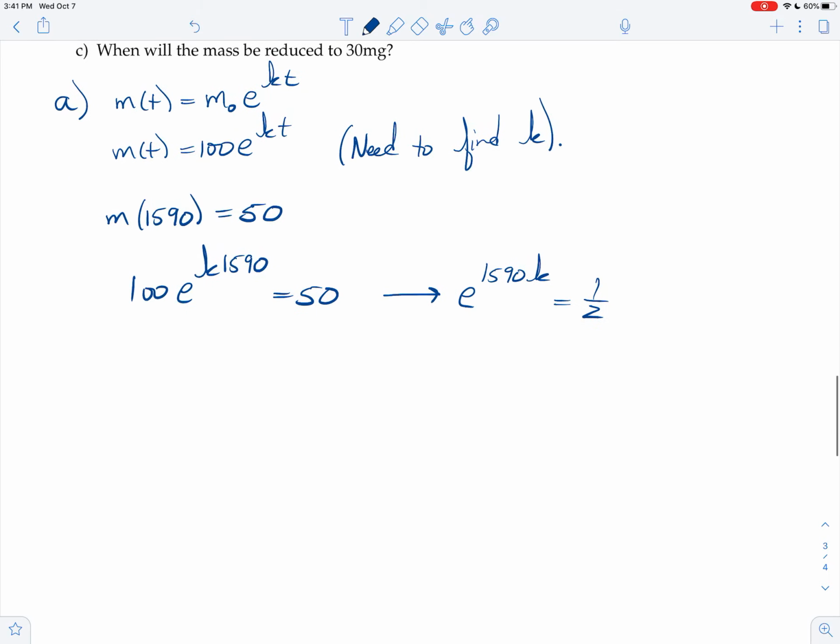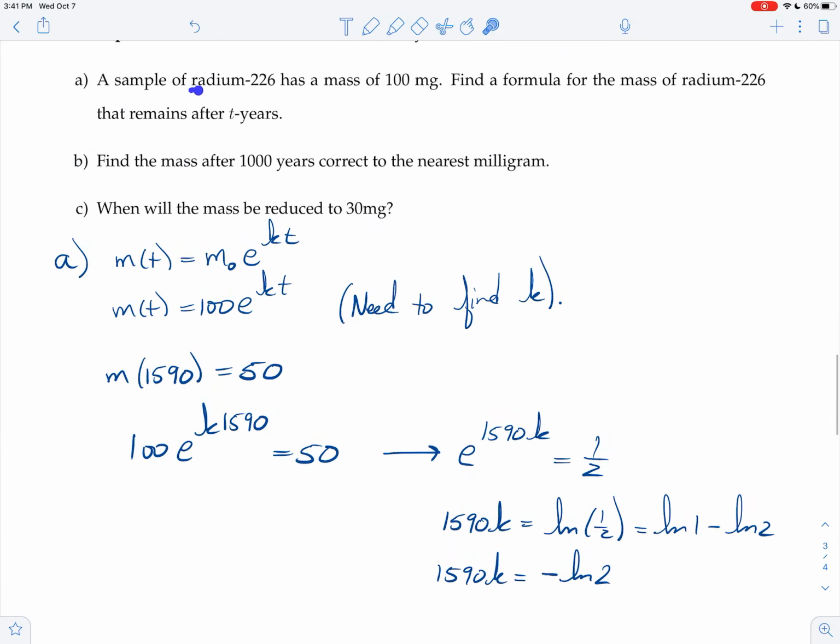Now I want to solve this equation for k. I'm going to take the natural log of both sides. And so I get 1590k is the natural log of 1/2. By the way, the natural log of 1/2 is ln of 1 minus ln of 2. But ln of 1 is 0. So this is negative ln of 2. You expect k to be negative, and the reason is that this radium-226 is decaying.